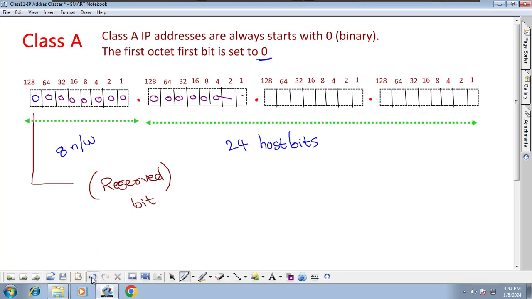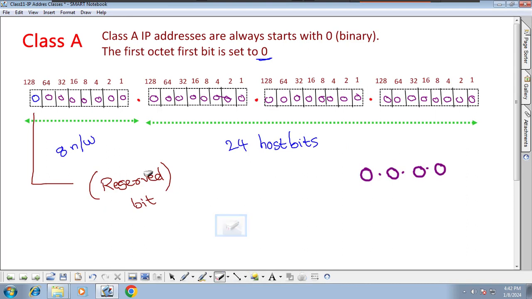My system is having some problem, it's getting slow. If I keep all zeros in these bits, what will be the value here? 0.0.0.0. This is what it comes to.